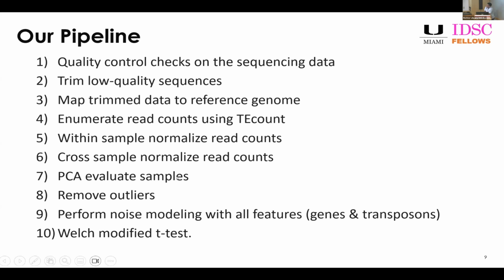Then we did PCA analysis to filter out any of the outliers. And finally, we did a fold change analysis between the elements in GBM versus elements in normal brain. And then we did a Welch modified t-test to compare the two.